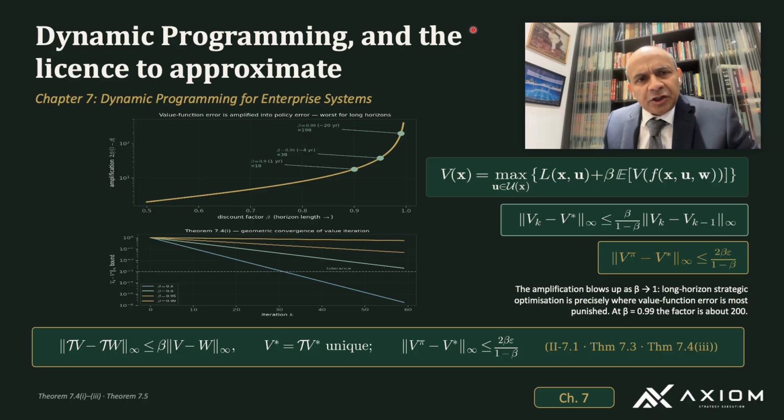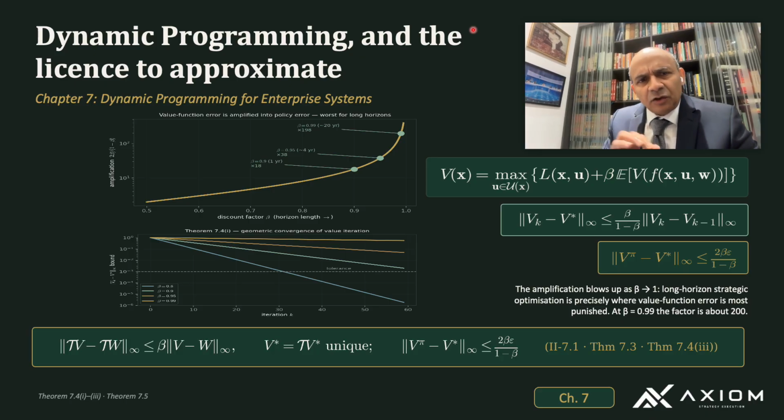The Bellman recursion exactly characterizes the finite horizon value function, and a policy is optimal from every state precisely when it chooses a stage-wise maximizing action at each step. Theorem 7.3, enterprise value function existence theorem.